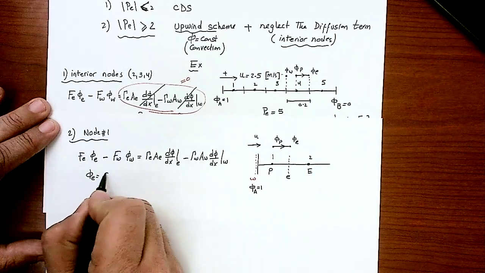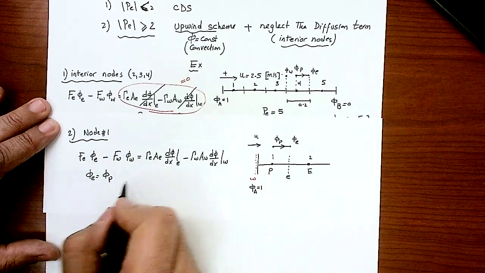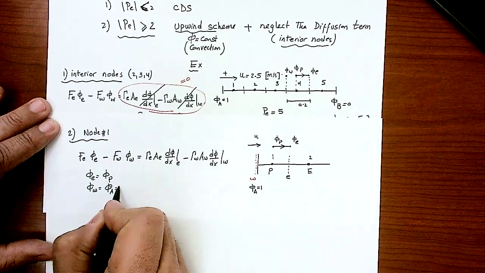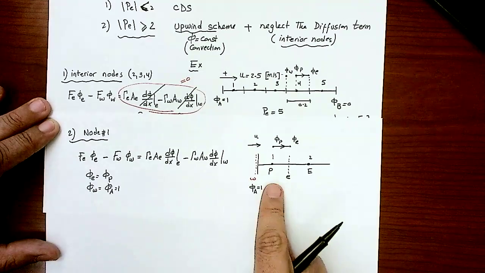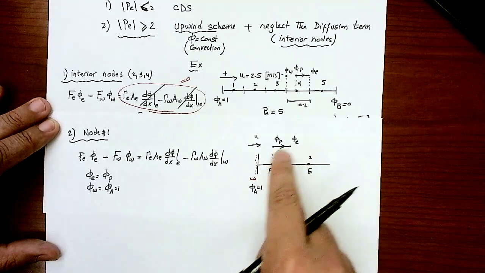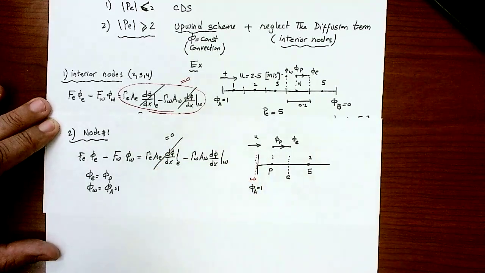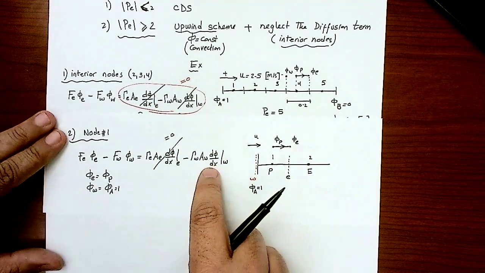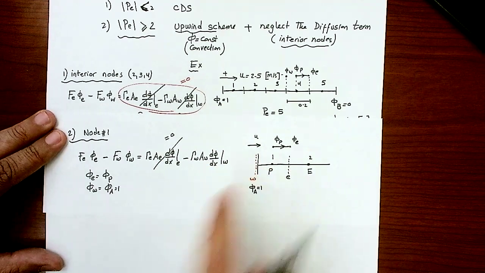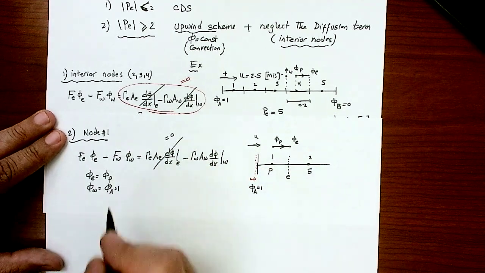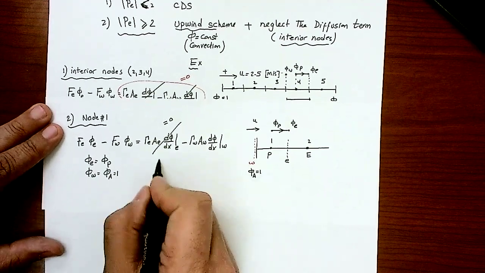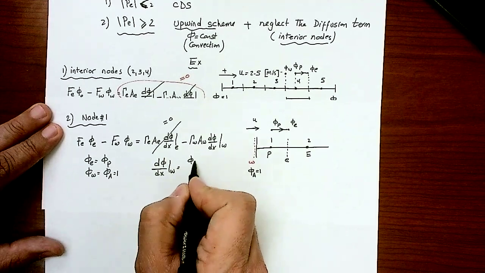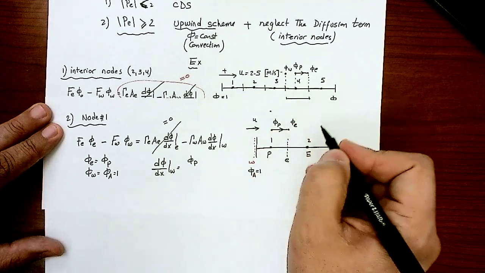Phi east should be the same as phi P, and phi west is the same as phi A, which is equal to 1. Now, from the east side, I'm getting convection from an interior node, so this will be 0. That's the assumption of the hybrid upwind scheme. But the diffusion near the wall, I cannot ignore. So this equation is going to look like this. What is d phi by dx on the west face? It will be phi P, right? I go back to the linear.